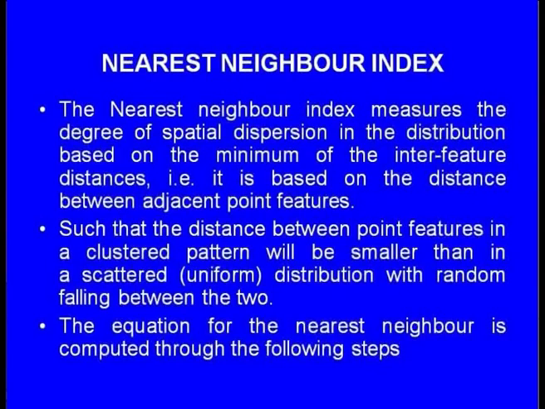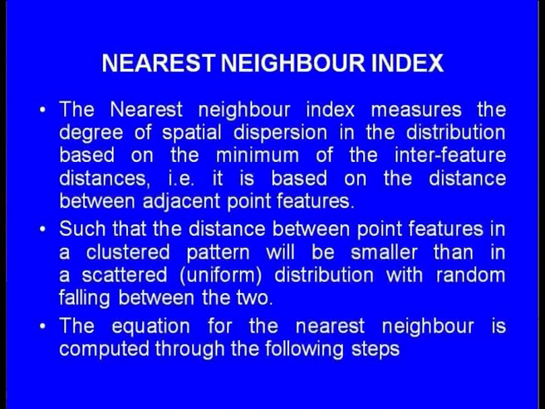The nearest neighborhood index measures the degree of spatial dispersion in the distribution based on the minimum of the interfeature distances, that is, it is based on the distance between adjacent point features, such that the distance between the point features in a clustered pattern will be smaller than in a scattered uniform distribution, with random falling between the two.